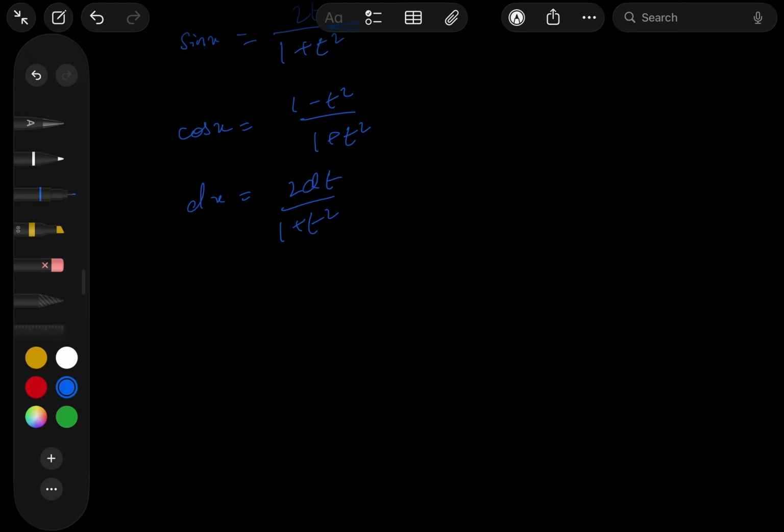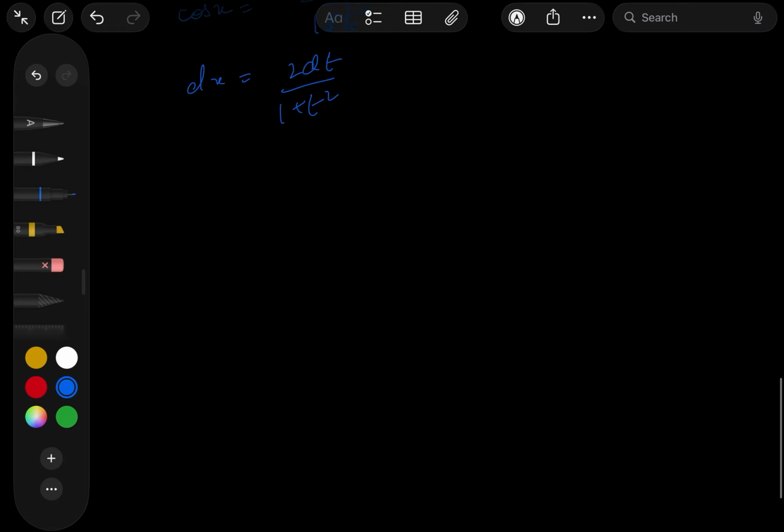What I'm going to do now is show you an example of the integral of cosec of x dx using this method. So we can write cosec as, of course, 1 over sine of x dx.